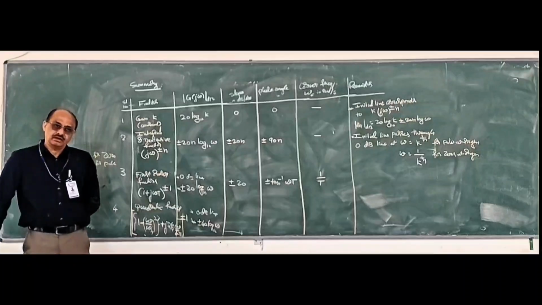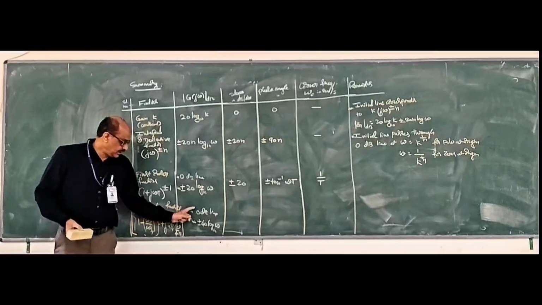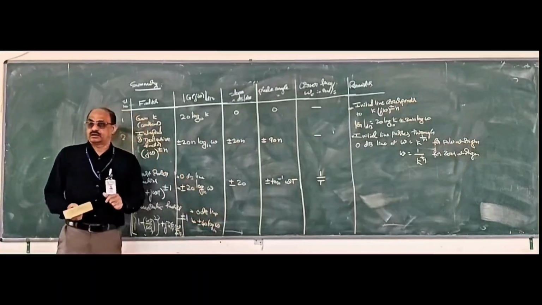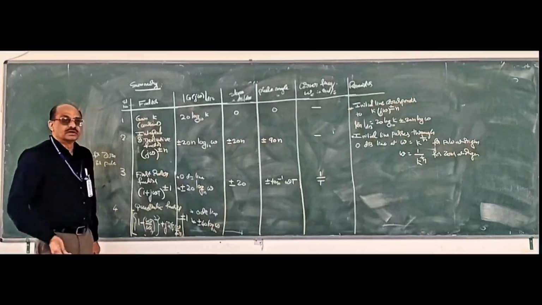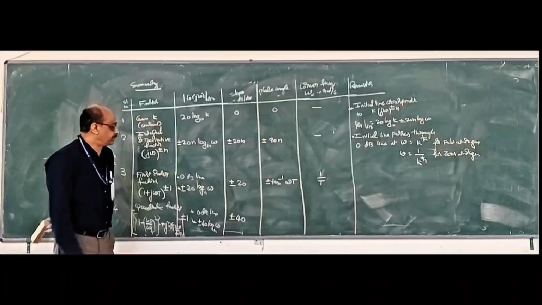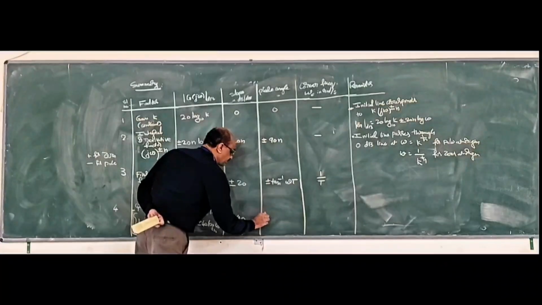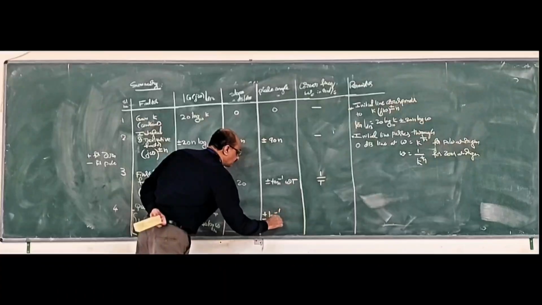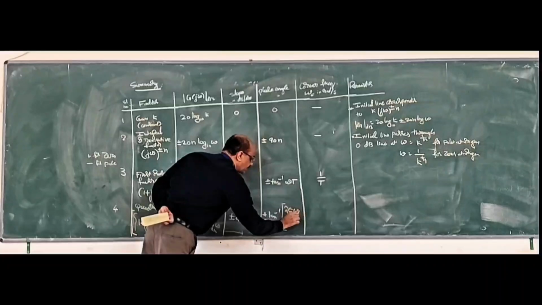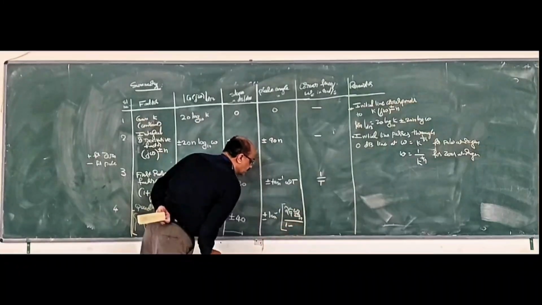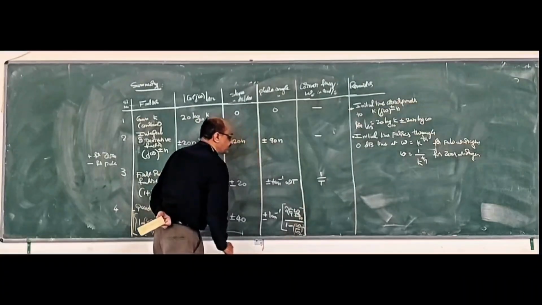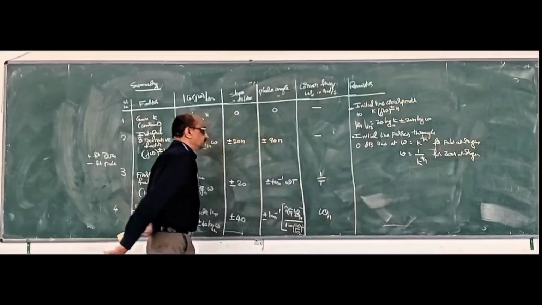I am writing approximately, that's what is required. So the slope is plus or minus 40 dB per decade. The phase is plus or minus tan inverse of 2 zeta omega by omega n over 1 minus omega by omega n whole square, which should be in standard form. Corner frequency is omega n.